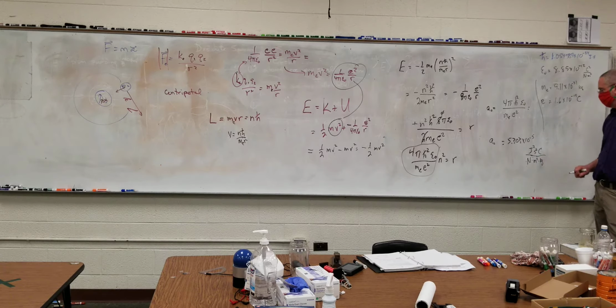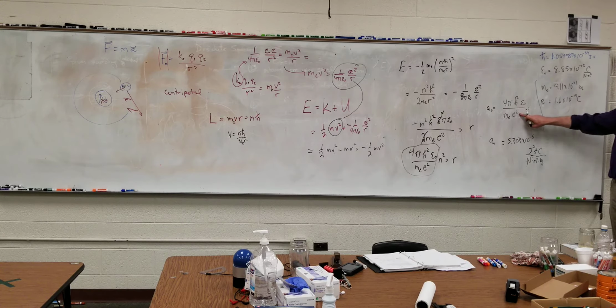Something's off there, because epsilon has a coulomb squared, and this e is squared, so coulomb should have canceled out. Oh, coulombs cancel out. Wow, that's big. You got a huge negative number, or a very small number?